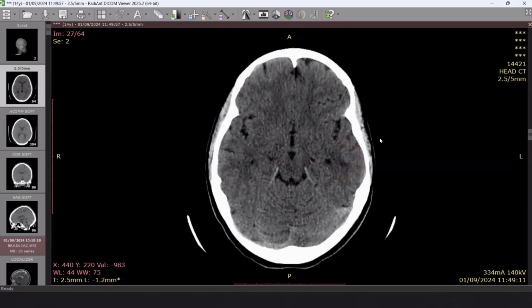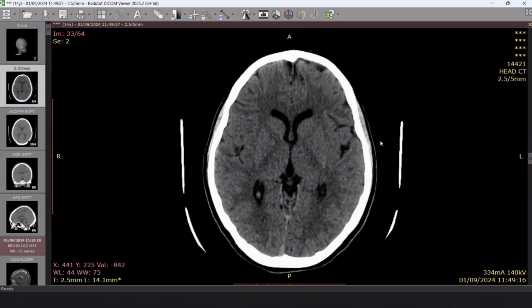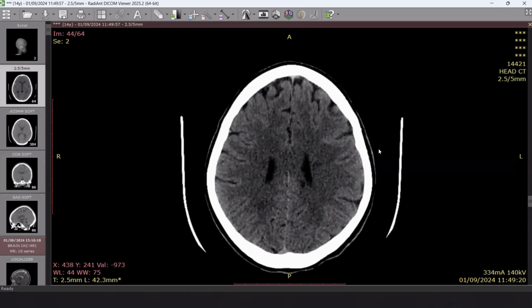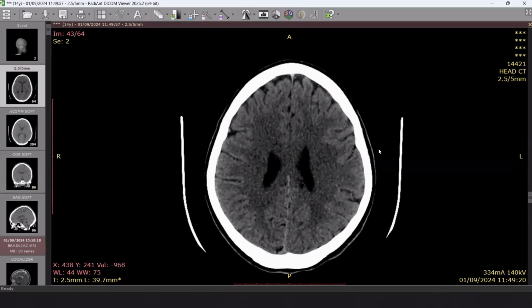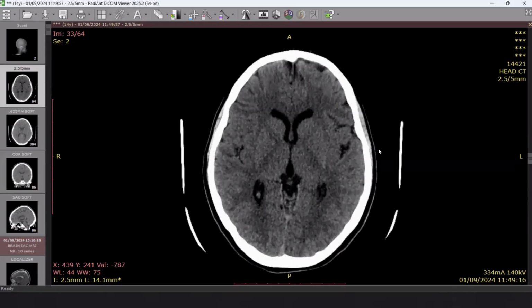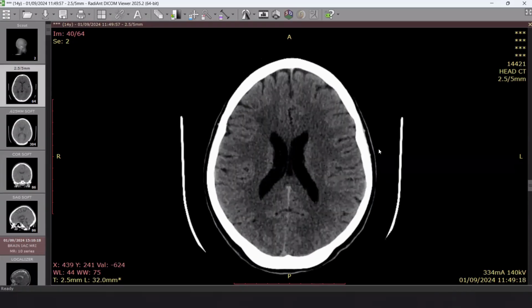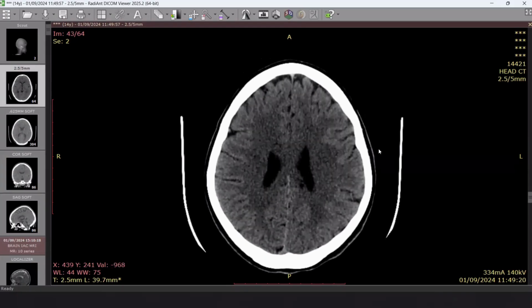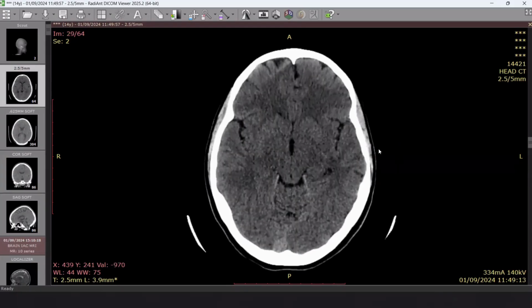Really, it is a challenging case, and you are doing very well. I think we also have something in the periventricular region. So in conclusion, we have multifocal, multiple, scattered, subcortical, ill-defined, hypodense patchy areas in the right frontal and left temporal regions.